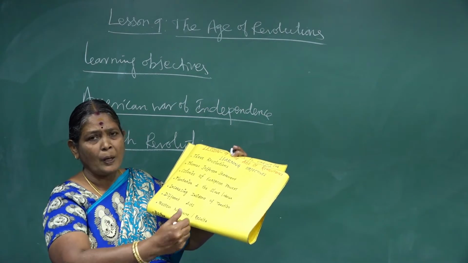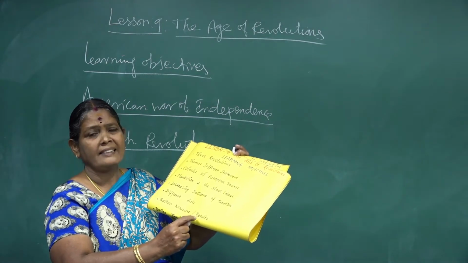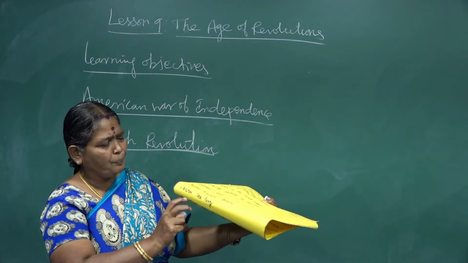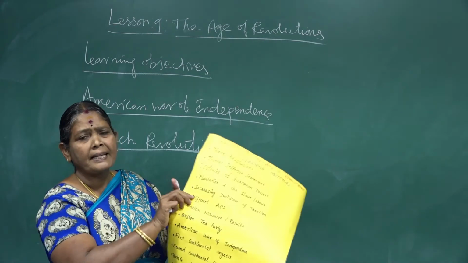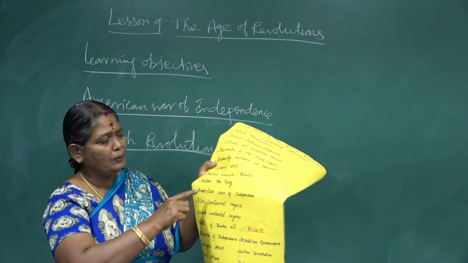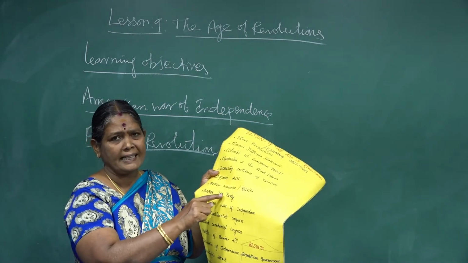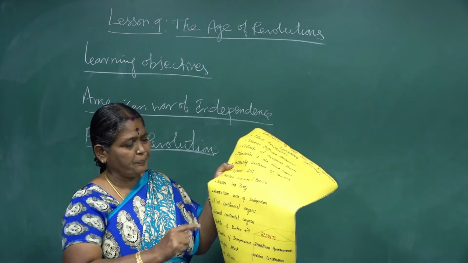Then, following that, the repealing of the Townshend Act. Another objective, the Boston Tea Party. When Britain refused to allow the local merchants to sell tea, they organized the Boston Tea Party.